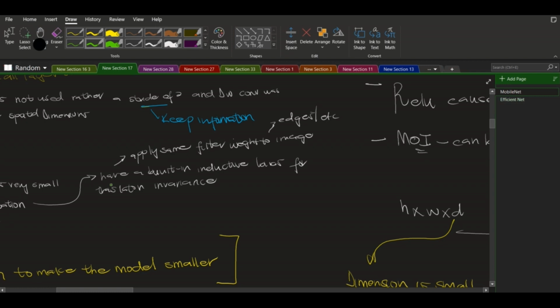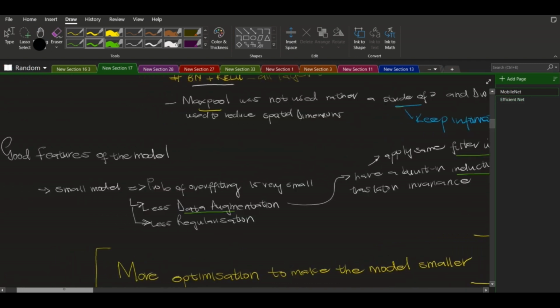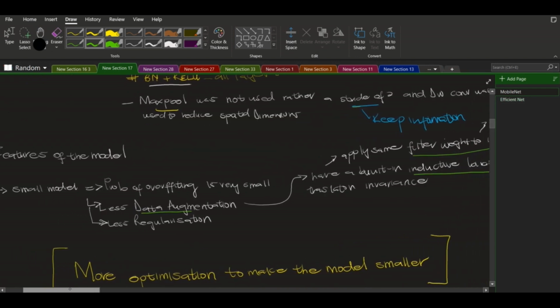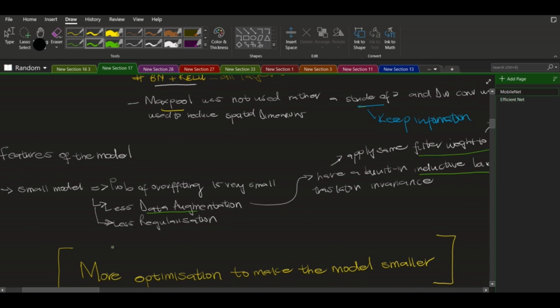This is because these models have a built-in inductive bias, so they can handle translation invariance. We apply the same filter weights to the image, so we capture the edges and stuff like that. Even if you turn something around, I think it can still be detected with a CNN model. Anyway, then they say that we have less regularization, which is pretty cool, right?